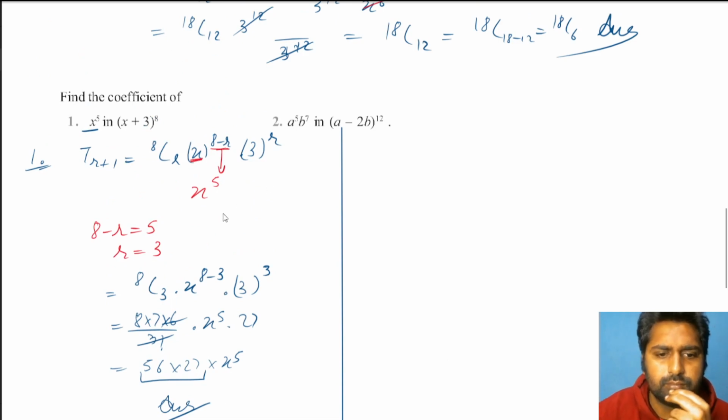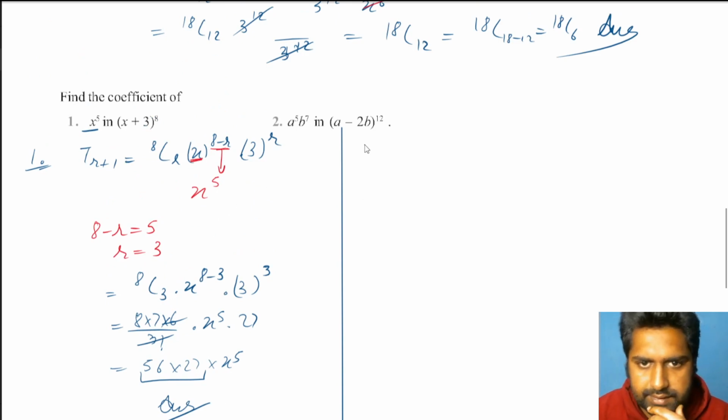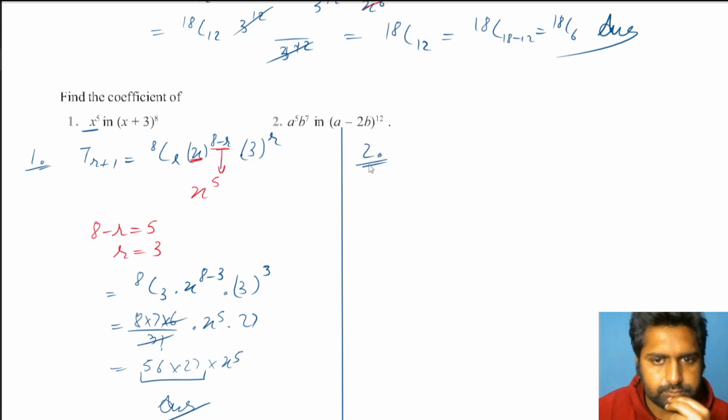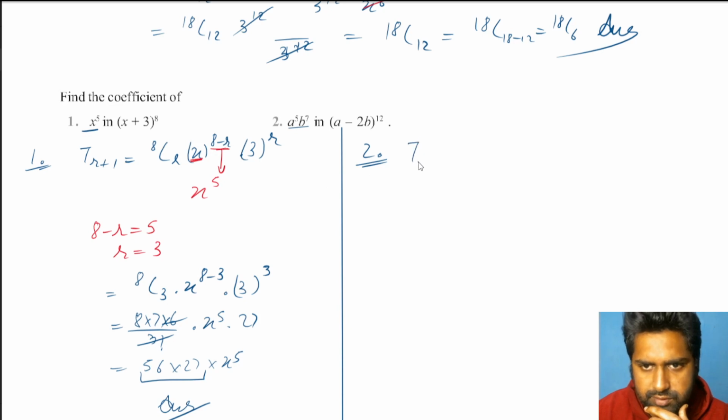Second question. You have to find the coefficient of a raised to power 5, b raised to power 7. So same idea. First of all, always write the general term. So that is, power is 12, right? So 12 CR a raised to power 12 minus r, minus 2b raised to power r.